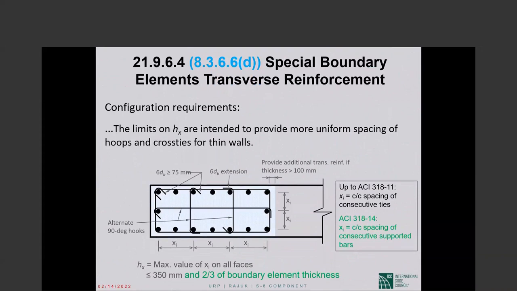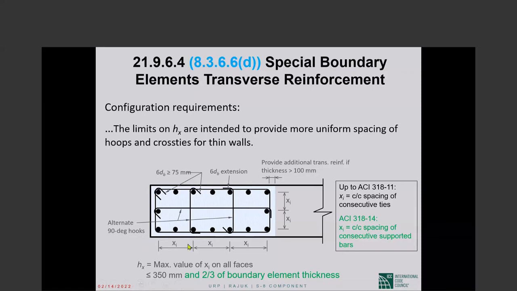So, specially confined boundary zone reinforcement. What are the configuration requirements? We have gone over this multiple times. Every other longitudinal bar shall be laterally supported by a corner of a tie or a cross tie.